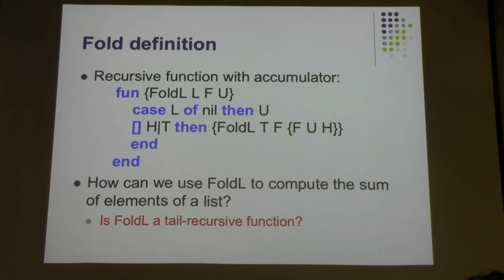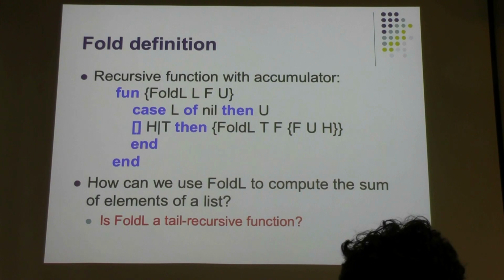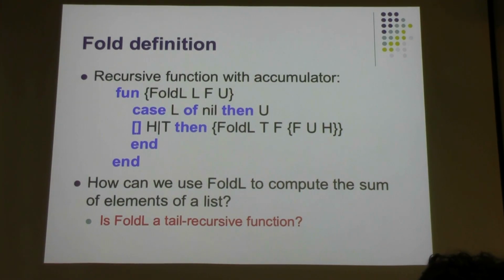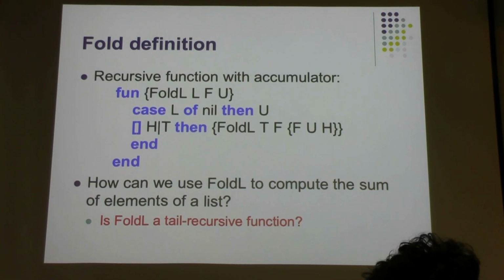The fold is exactly the heart of this, because the list coming in is a stream of messages. The F is the state transition function, and the U is the internal state of the agent. So this fold operation is actually the heart of a concurrent functional agent.